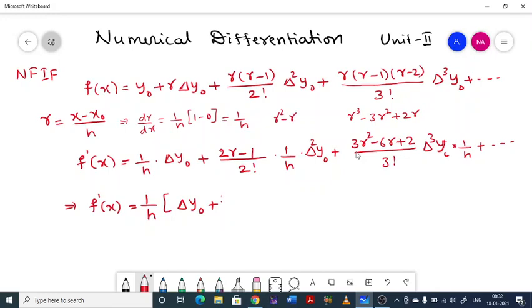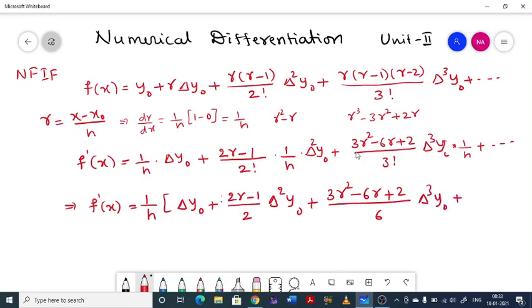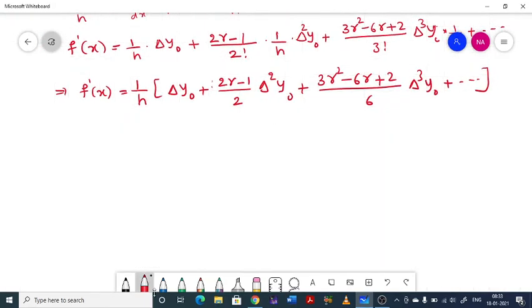So (2r minus 1) divided by 2 into delta 2 y naught, plus the 1 by h is outside, and what remains is (3r square minus 6r plus 2) divided by 6 into delta 3 y naught plus and so on. So this is the formula for the first derivative.